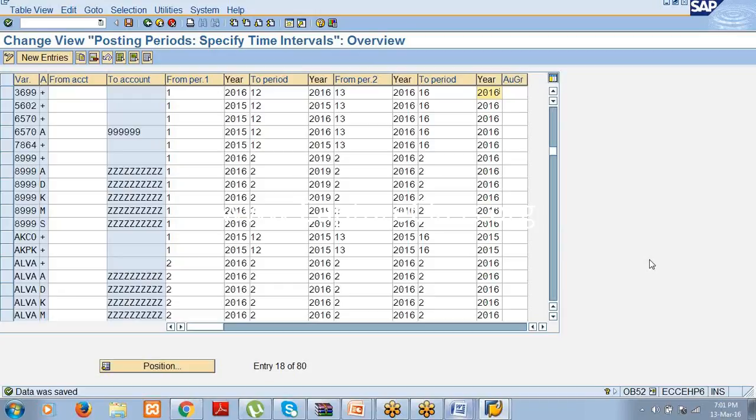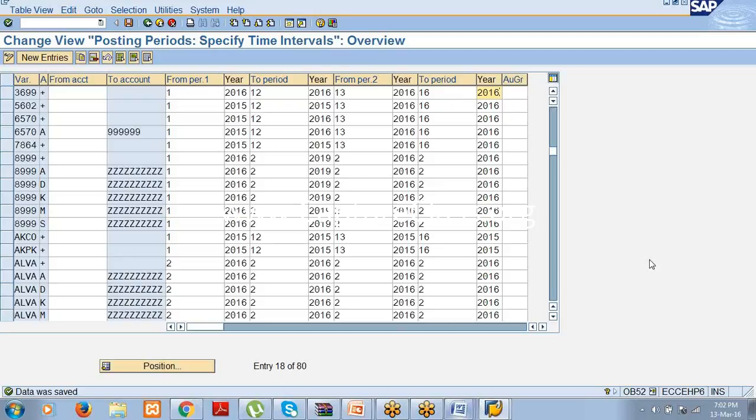Sir, in the case of Indian companies, it is confusing. Why? Because you changed to 12, again 12, and 2015, and to period also 2015. See, this is the calendar year we are using for the US, right? In the case of Indian companies, the fiscal year is April to March, right?